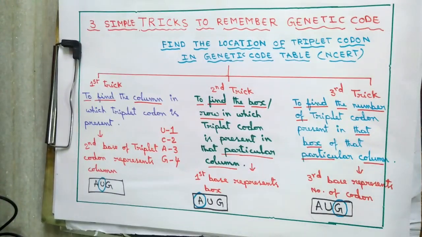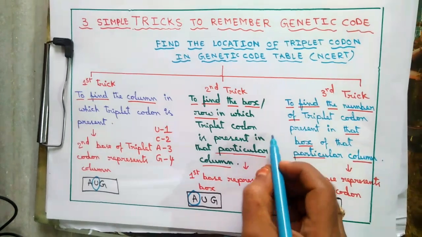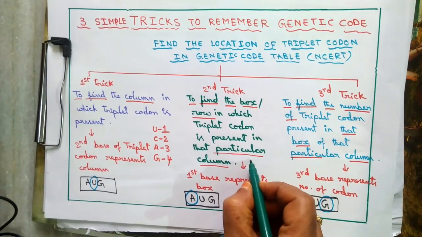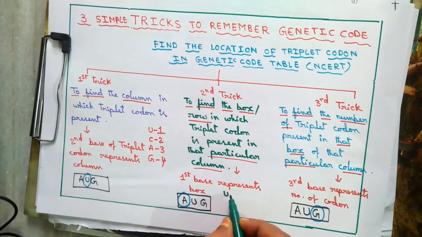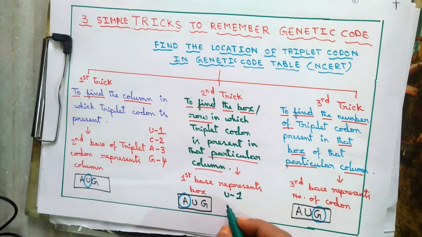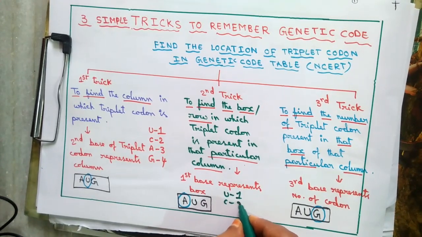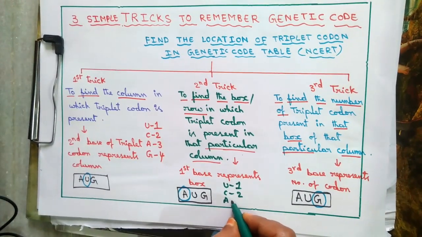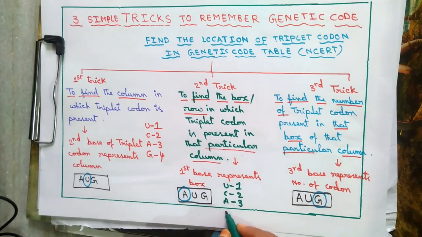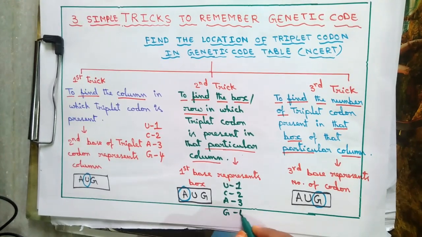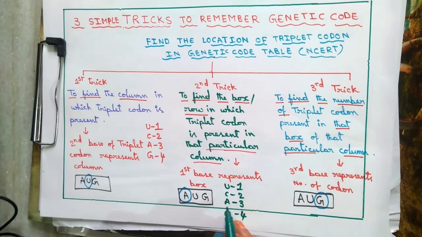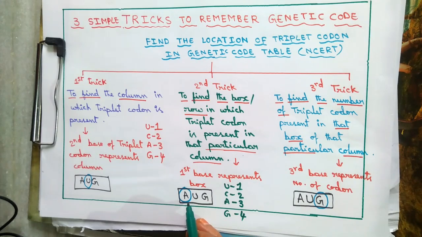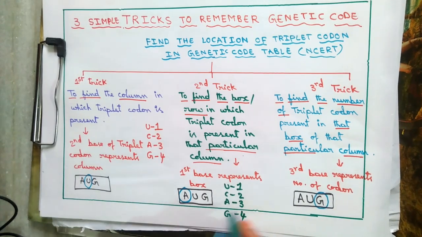If U is the first base, it represents the first box. If C is the first base, it represents the second box of that column. If A is the first base, it represents the third box. If G is the first base, it represents the fourth box. As it is A in this triplet codon as the first base, it represents the third box.